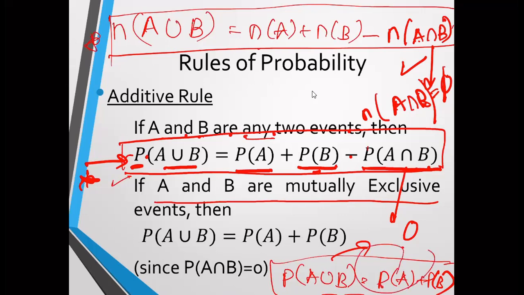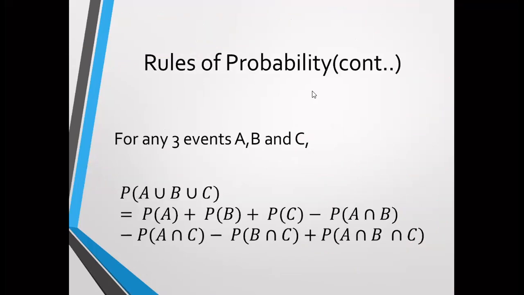Clear? Understand, students? Because probability of A intersection B is 0. If the number of elements of A intersection B is 0, then the probability is again 0. Therefore, this formula becomes this new one when they are mutually exclusive. So there we defined the additive rule when we have two events.